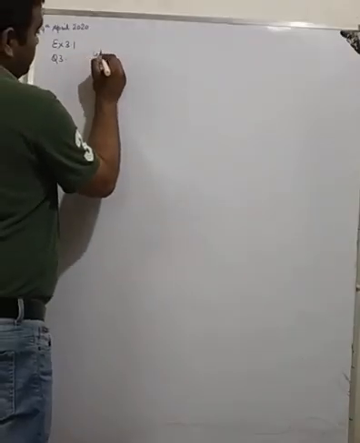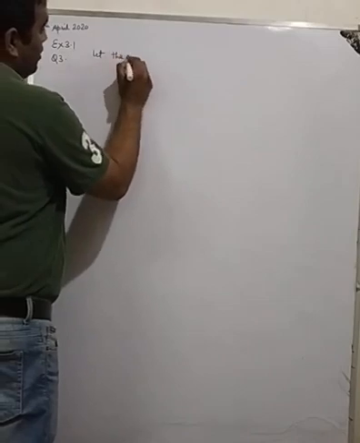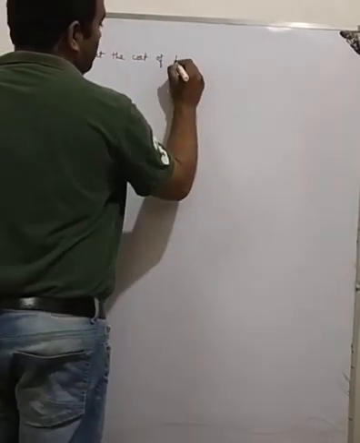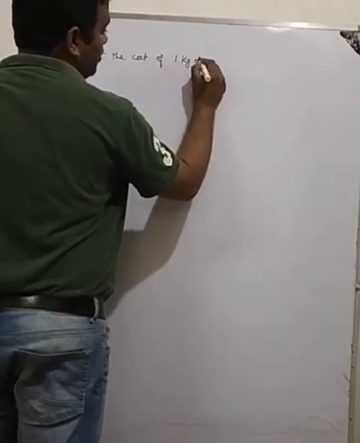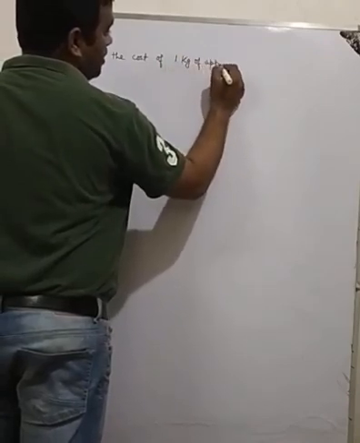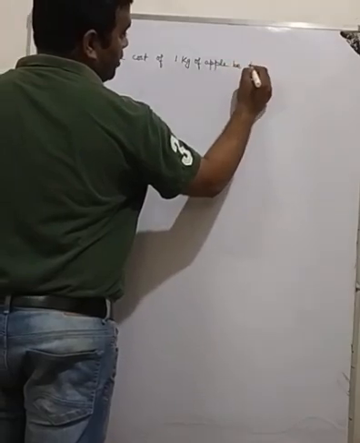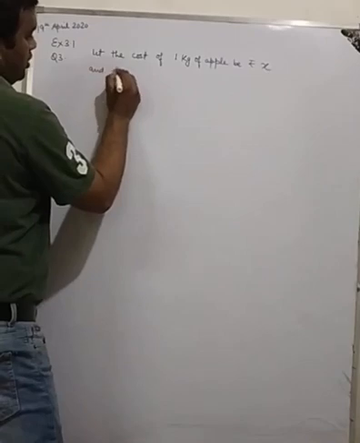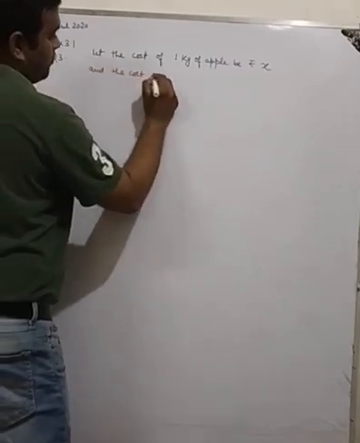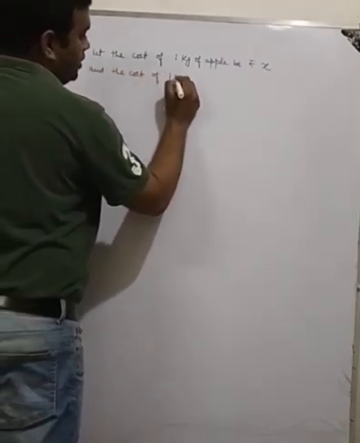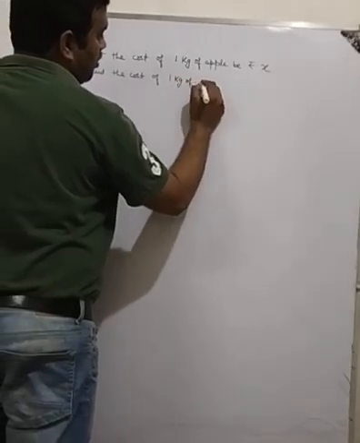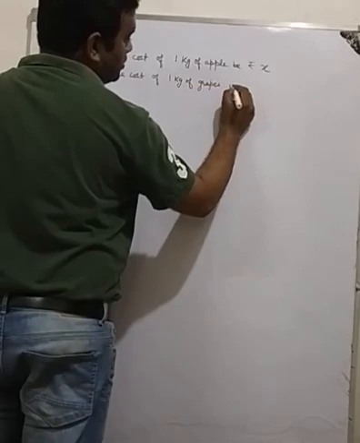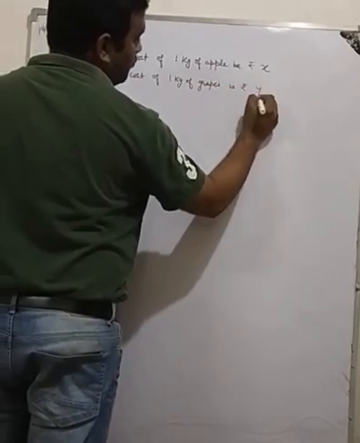Let the cost of 1 kg of apple be rupees x, and the cost of 1 kg of grapes is rupees y.